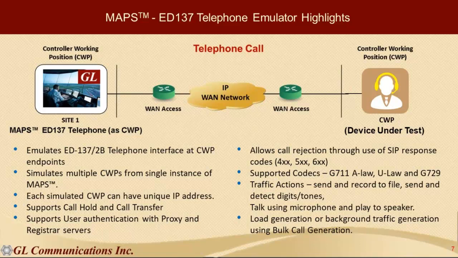It also supports all the call services like call hold, call transfer, etc. And we can also simulate forceful rejection of calls using SIP errors like 4xx, 5xx, and 6xx. We can also generate bulk calls to perform load testing of the device or the network under test.